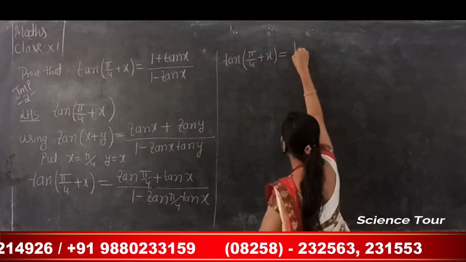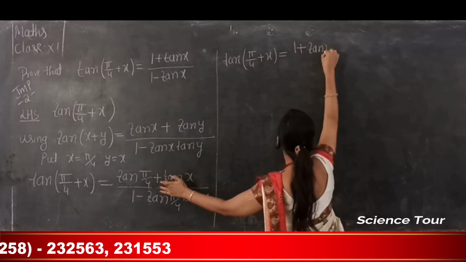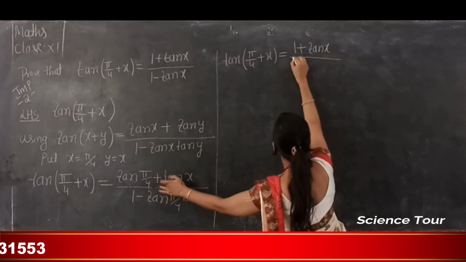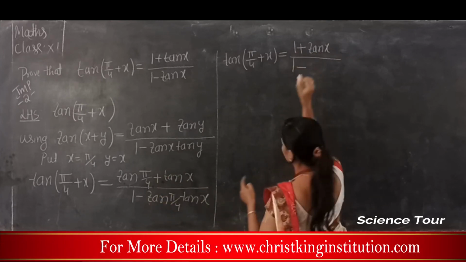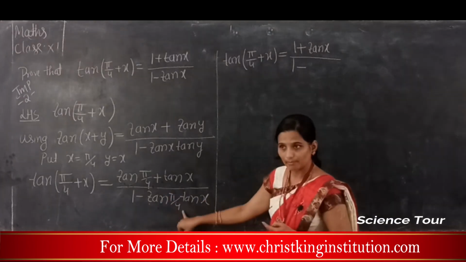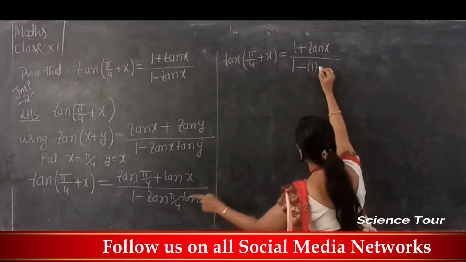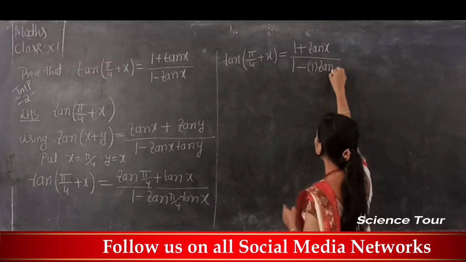It is equal to 1 plus tan x as it is, divided by 1 minus tan pi by 4. Tan pi by 4 again is 1, into tan x.